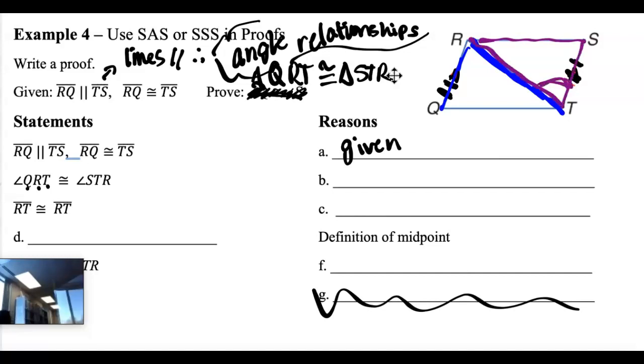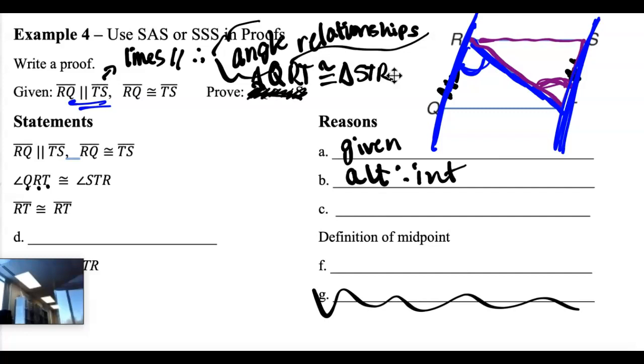So this angle here is going to equal this angle here. A clue here was that these lines were already parallel. So if I drew these out, what's the relationship between those angles? Well, look very closely, those are called alternate interior angles.